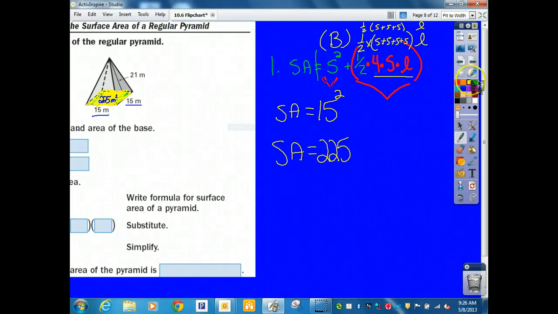Plus, and it's a square, so if you want to use this one for the square or the rectangle, you'll go 1/2 times. What are my sides? We could go 15 plus 15. We could do it that way.